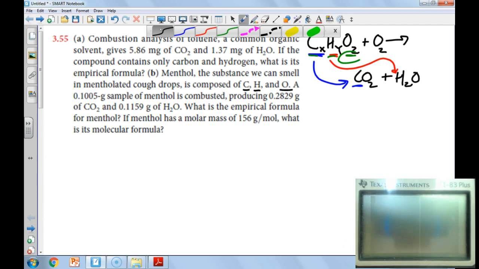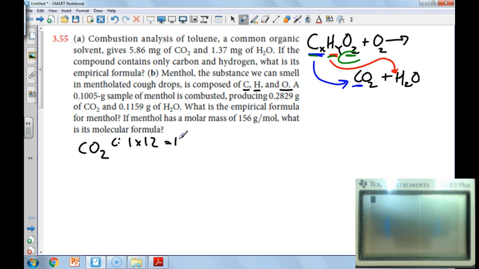In order to do this, we first have to figure out the percentage of carbon in carbon dioxide and the percentage of hydrogen in water, respectively. I'm going to do that math over here. CO2: there's one carbon, and it weighs 12, and there are two oxygens times 16, which equals 32. So 12 plus 32 is equal to 44.